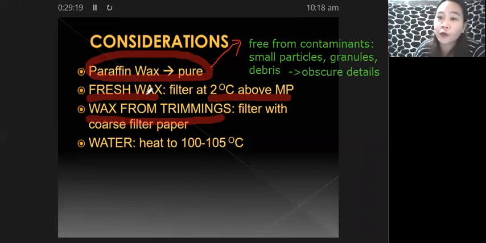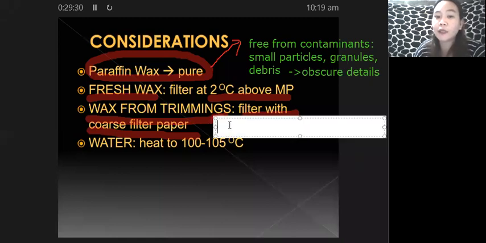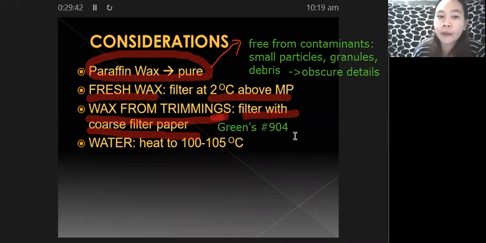Ito, reused na ito. This is not fresh already. So you have to filter the wax from trimmings with a coarse filter paper. An example of a coarse filter paper that was mentioned by Gregorius is Greens number 904. This is an example of a coarse filter paper that we use for the filtration of your reused wax.